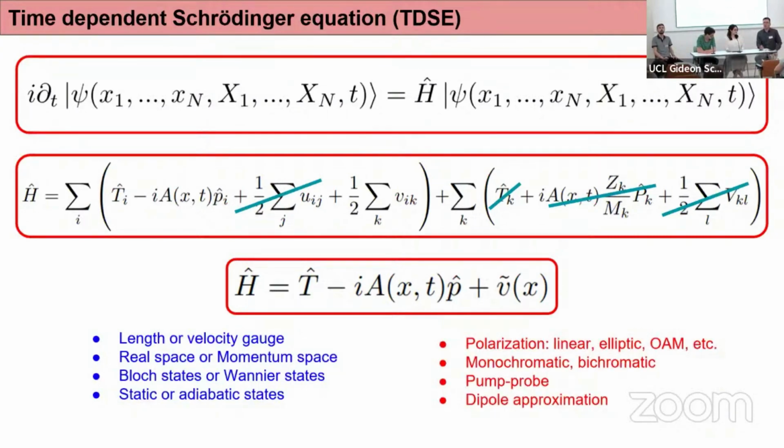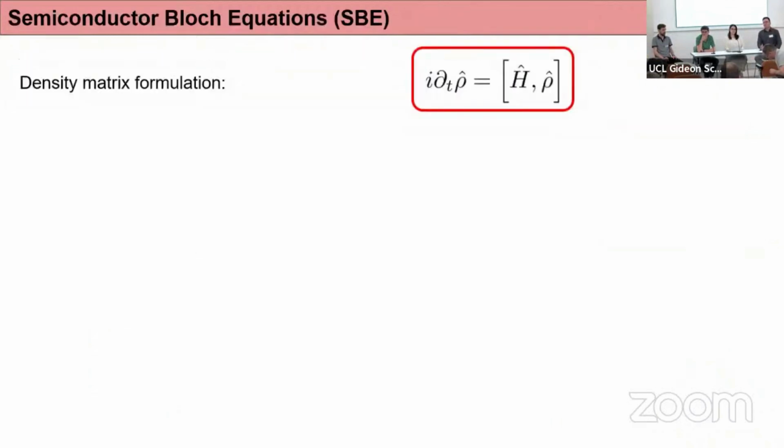Then you can choose a different polarization or different characteristics for your field, like the spectral components, or you can define delays. The characteristics of your field can also be such that you can neglect all the spatial dependence, and you end up in the dipole approximation.